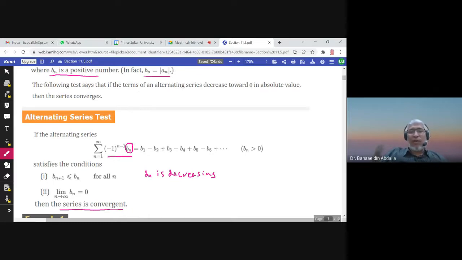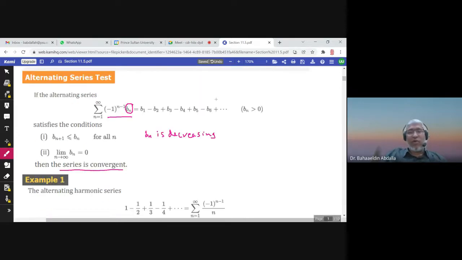So if the terms of an alternating series decrease toward 0 in absolute value. So these two conditions say decreases towards 0 in absolute value. Absolute value because we are dealing with bn. Decreases because of this condition, towards 0 because of this condition. So now, when you have an alternating series, just consider bn, prove that bn is decreasing, find the limit of bn. If it is 0 and bn is decreasing, then the alternating series would be convergent.